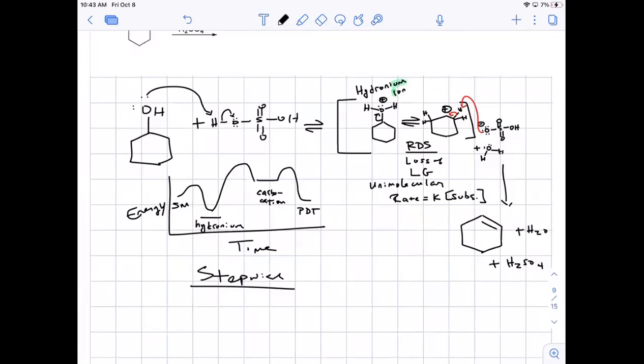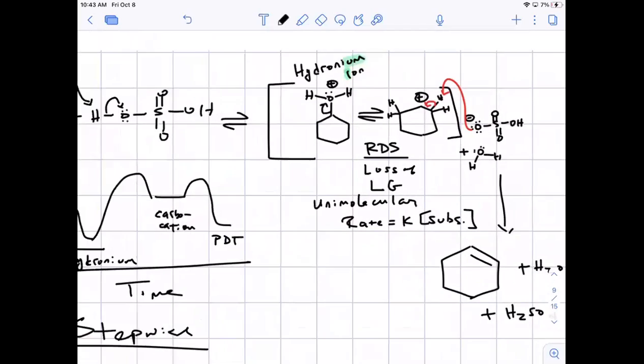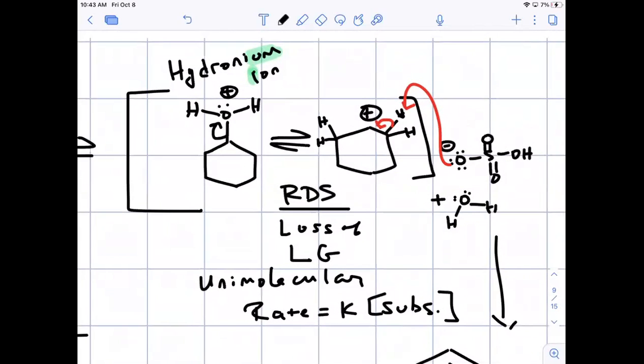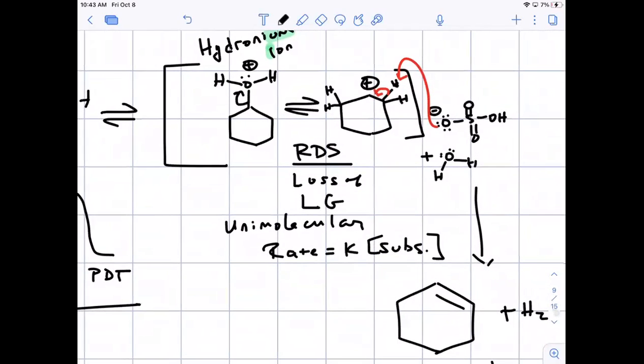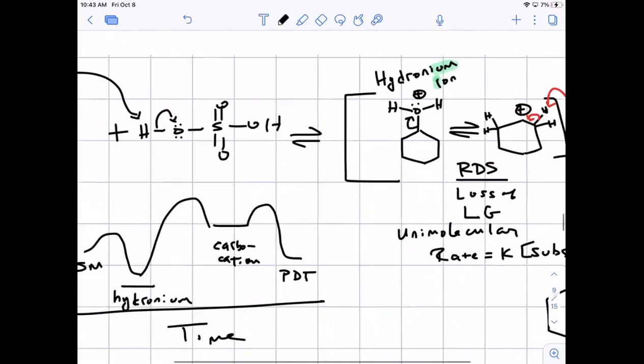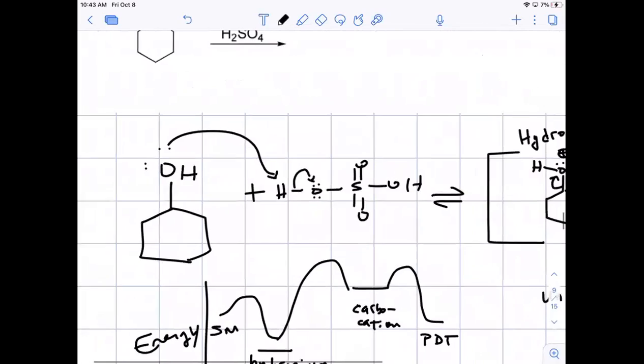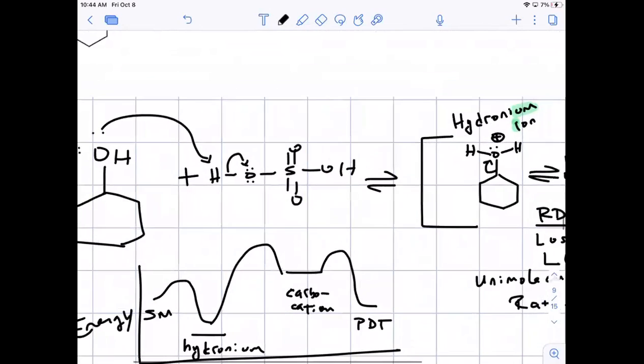Can you repeat what you just said about the stepwise? Why it's stepwise? Yeah, so the rate determinant step, you see how the leaving group leaves first, followed by the elimination. Okay. Yeah, so that's why we consider it a stepwise mechanism. Even though you have a step here where you do proton transfer, we can't forget about that.